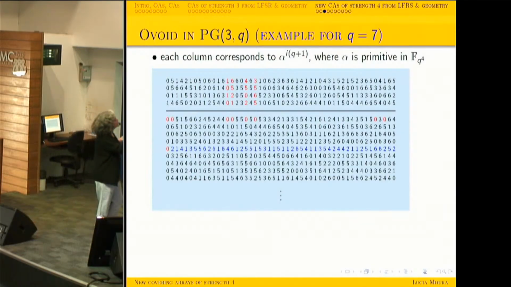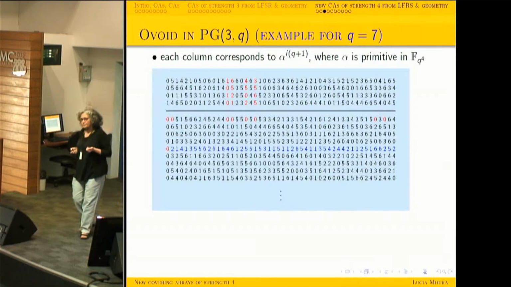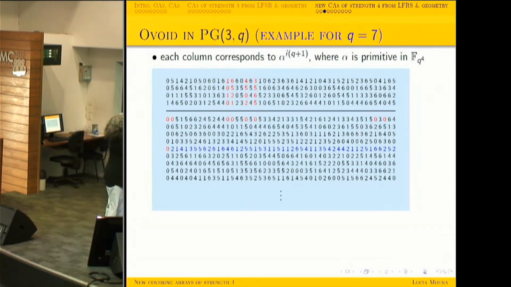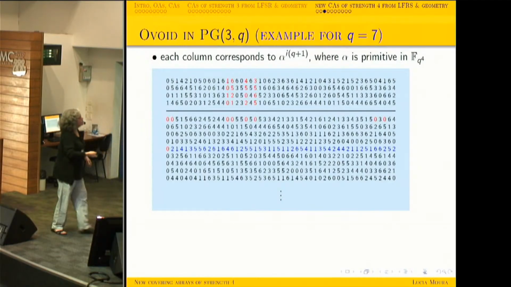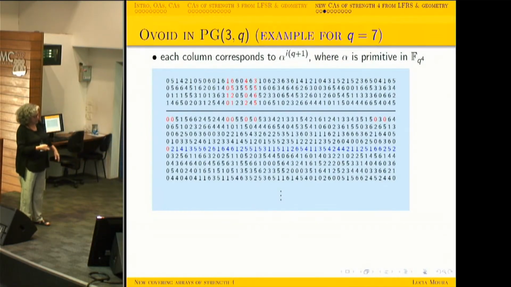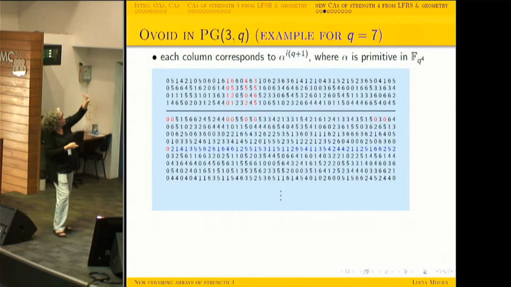But when it intersects in q+1 points, in many cases like this, any 4 columns that are in the same plane, I can see because of those 4 zeros, I know these 4 points are in the same plane, I have a problem. So these q+1 points have several sets of 4 points that give me a problem.